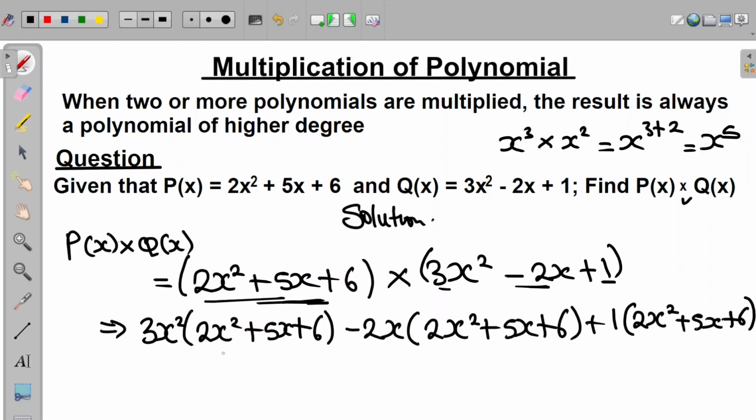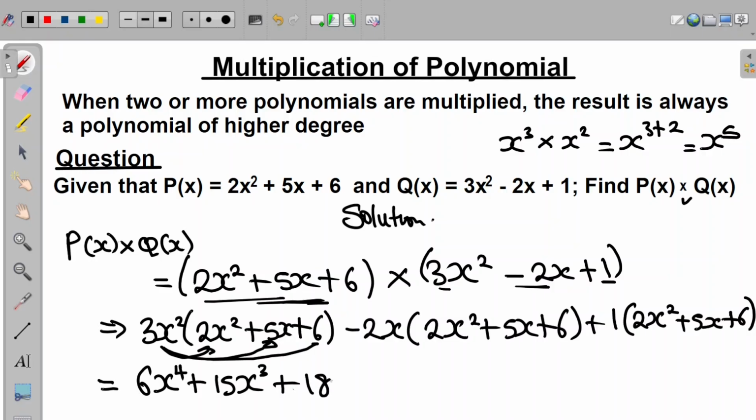Now, if we open the bracket, 3x squared multiplied by 2x squared is equal to 6x to the power of 4. Again, 3x squared multiplied by 5x is plus 15x cubed. Also, 3x squared multiplied by 6 is giving us plus 18x squared.